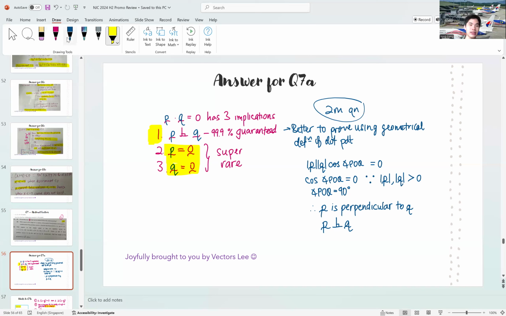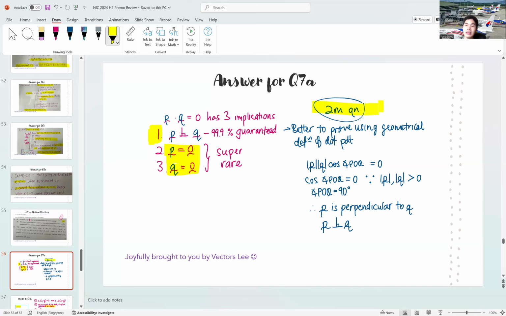So you need to write this down: if P and Q are non-zero vectors. And then options 2 and 3 are quite rare, but also possible if P or Q are 0 vectors. But I'm not sure whether this will let you get too much.